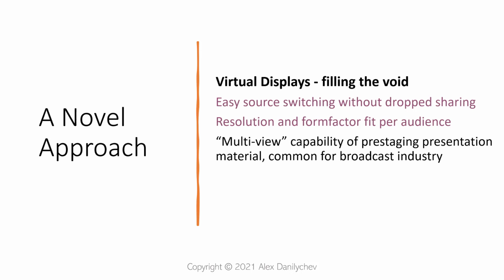So when we have a complex presentation, we need to show this screen, that application, then another screen. We can easily pre-stage virtual displays where we show, let's say, virtual display 1 for the beginning of the presentation, and at some point we can switch to virtual display number 2 and so forth with a different material within those screens.